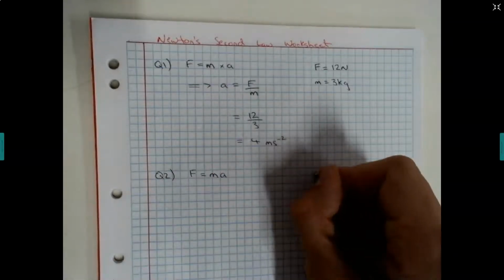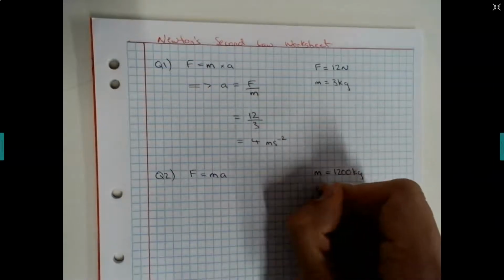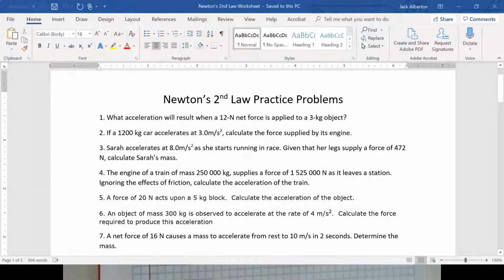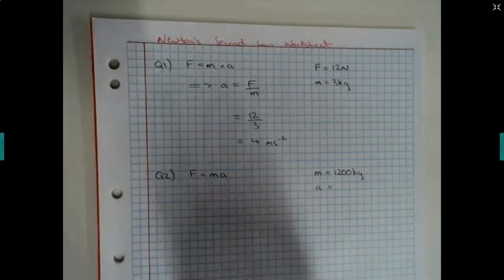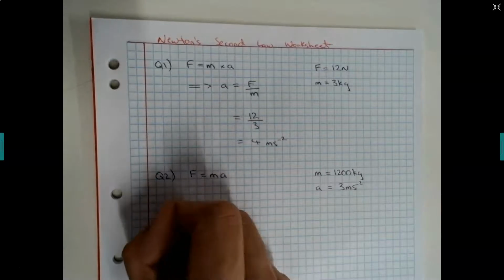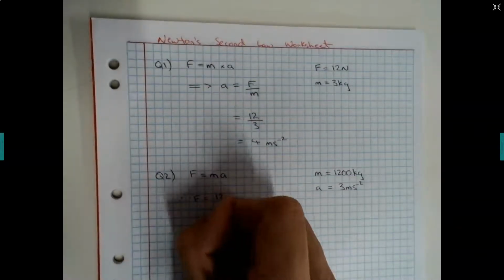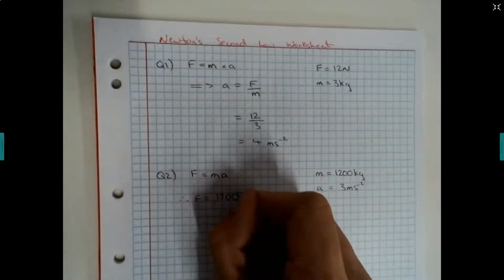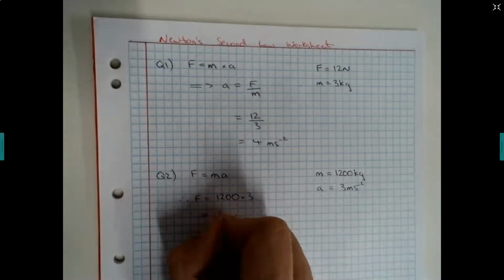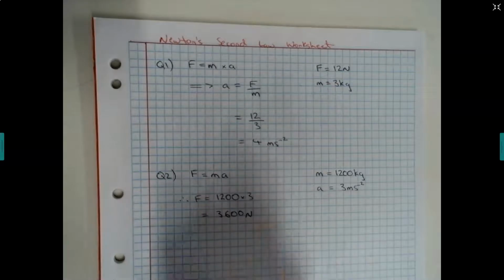You might want to write that the mass was equal to 1,200 kilograms and the acceleration was equal to 3 meters per second squared. Therefore, F is equal to 1,200 times 3, which is equal to 3,600, and your units for force are newtons.